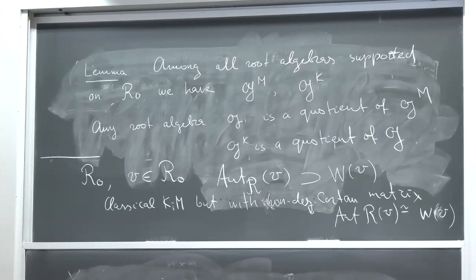But generally, even in the Kac-Moody case, the automorphism group is a little bit bigger. Say for an affine Kac-Moody algebra, it's a little bit bigger. In general, it is the group direct product of a certain unipotent algebraic group.